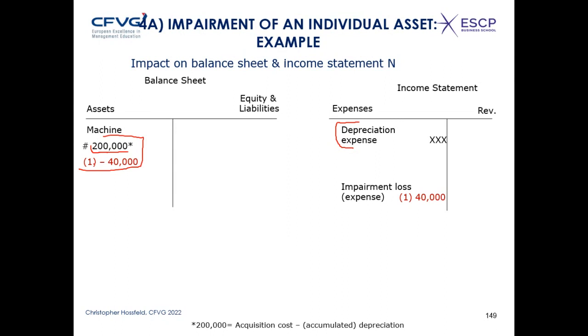Technically, depreciation expense and impairment expense are the same thing. There's a loss of value in the income statement and a decrease of value in the machine. But there is no cash outflow corresponding to the depreciation or the impairment.